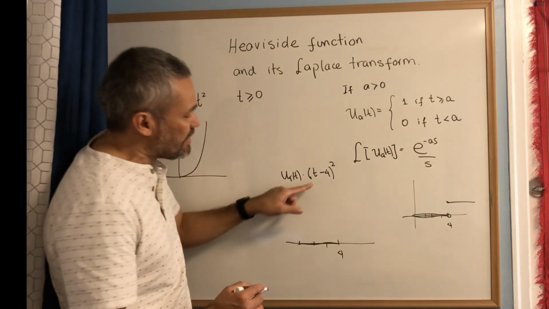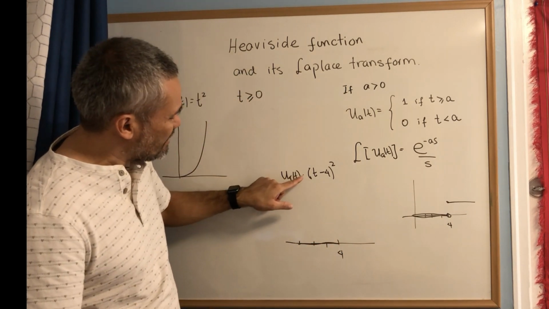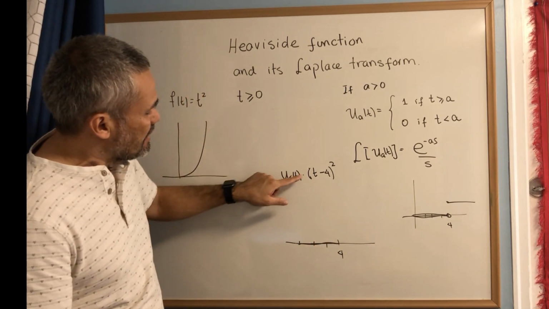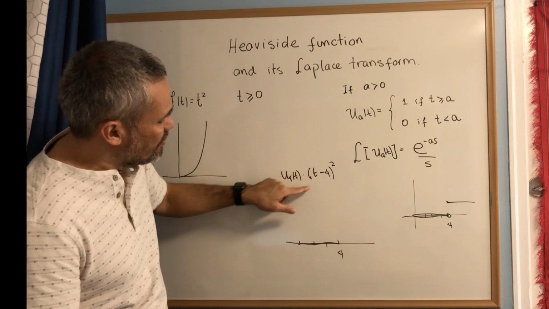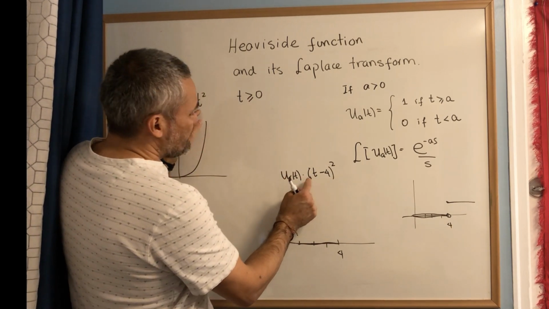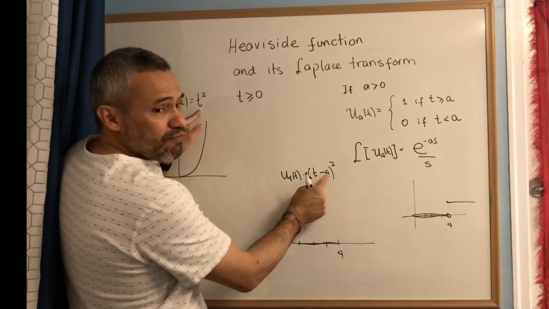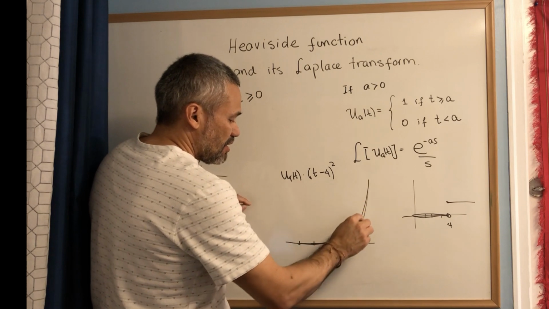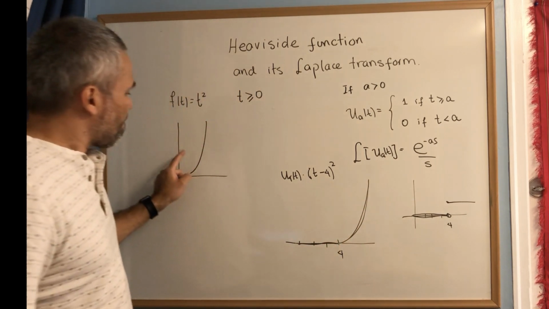At t equals 4, you get 0, and 0 is again 0. But after that, when you compare these two graphs, this is a translation to the right of 4 units. That means the graph is going to look like this.